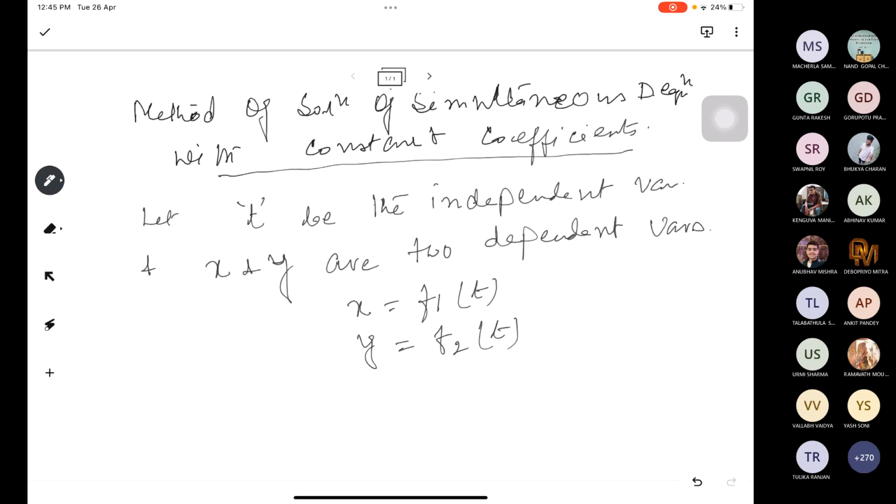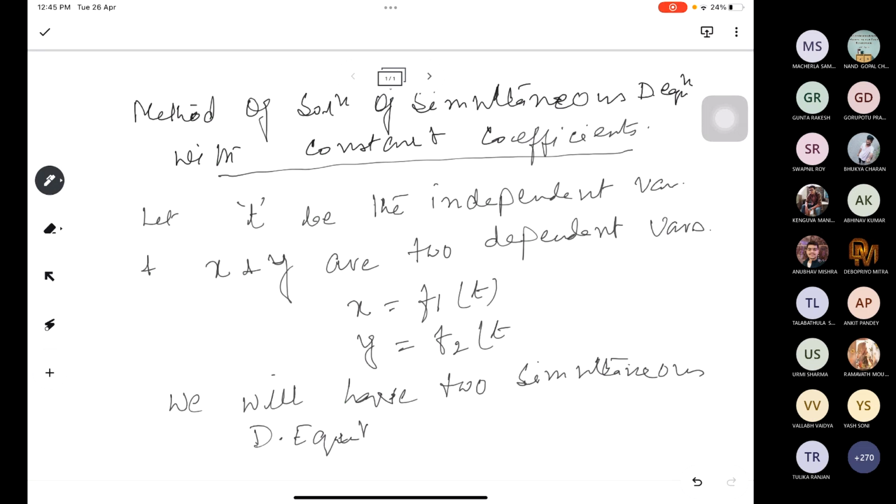So here, as there are two dependent variables, we will have two simultaneous equations; the number of equations will be 2.